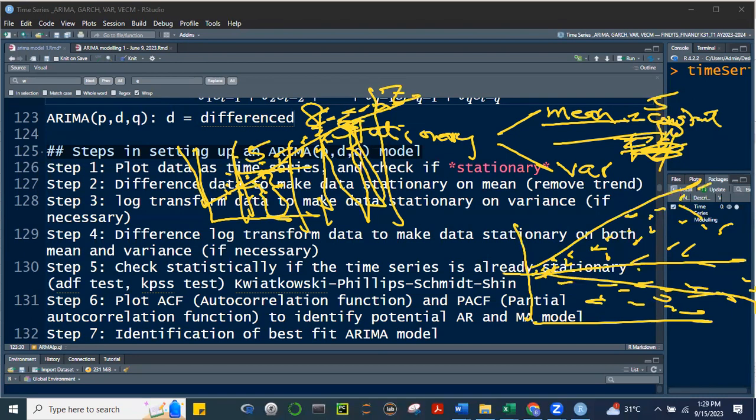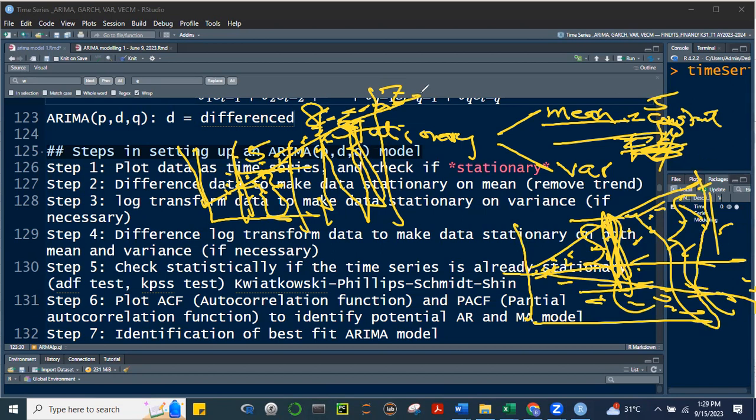At least the range niya, the variance. Kasi if we take a look at this one here, at this point, class, ang variance niya, the difference will be this one. But at this point, diba? Ito yung variance niya, and it's bigger than this one. So not constant yung variance dito.